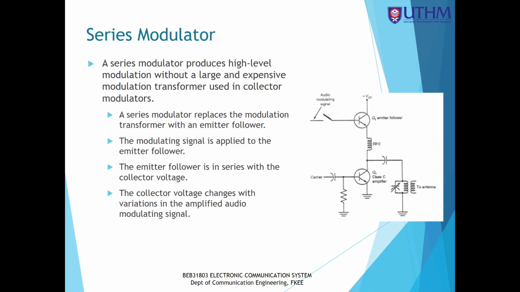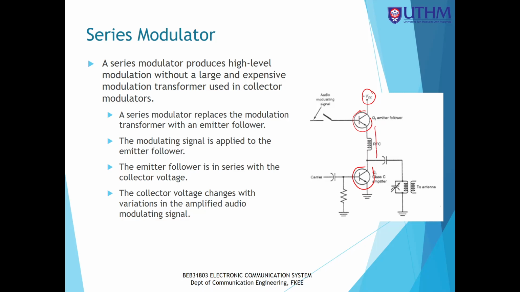Similar for the series modulator. In the series modulator, we use two transistors connected in series. Each transistor is connected to the VMT and VCT. Again, for current to flow from VCC to the ground, both transistors must be switched on.